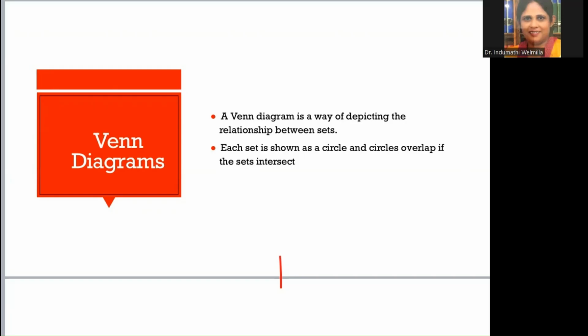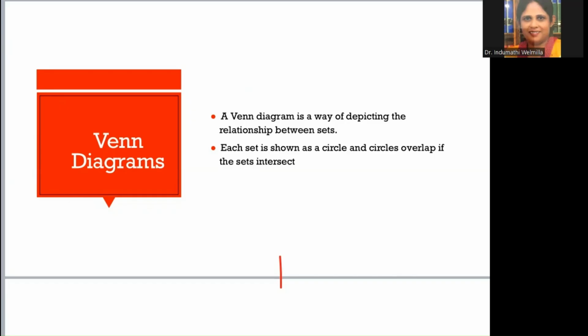One more thing: the sample space is represented by a rectangle drawn around all the circles, and we write the set name of the sample space. If we want to partition the sample space into multiple parts, we draw lines to divide the rectangle into the required number of parts.